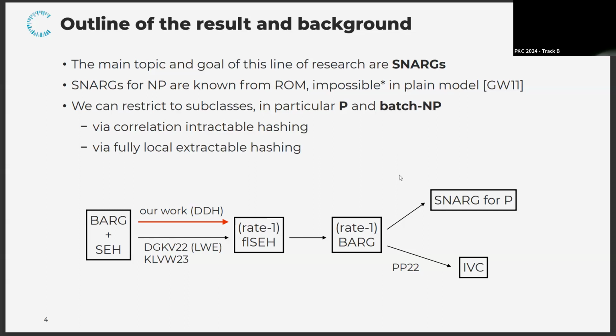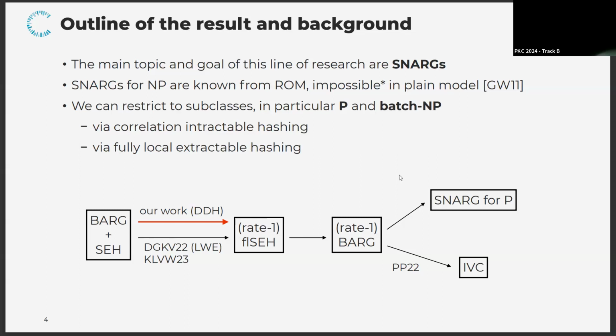And so what the field of research did was to focus on subclasses of SNARGs, in particular for NP and for the language batch NP. And they built these SNARGs for these subclasses from correlation intractable hashing, and then more recently via this fully local somewhere extractable hash primitive.